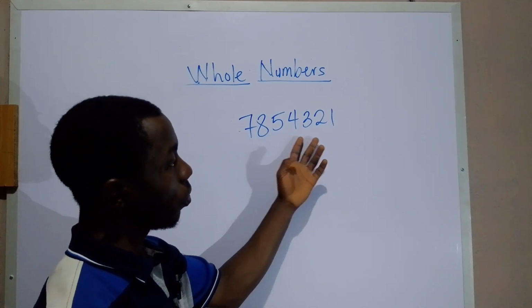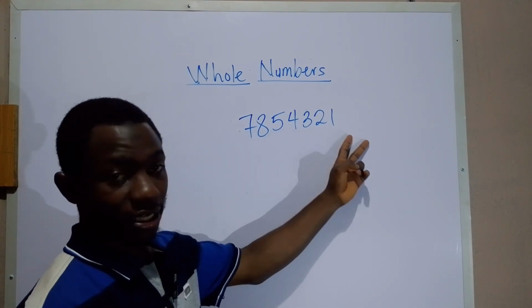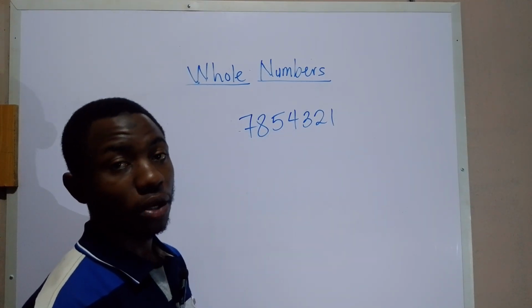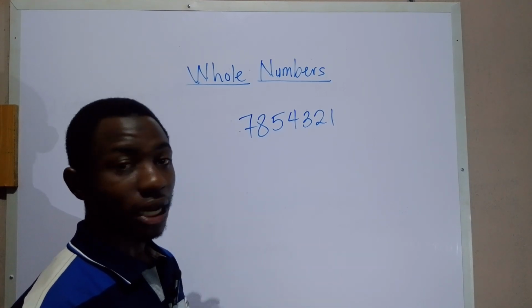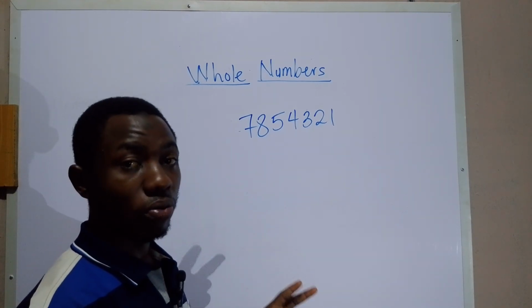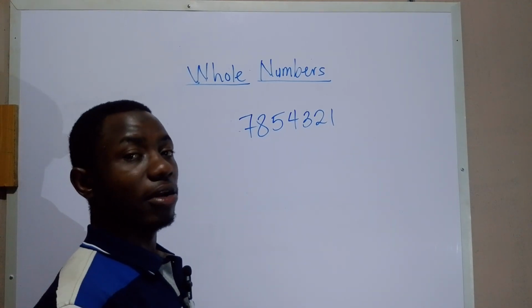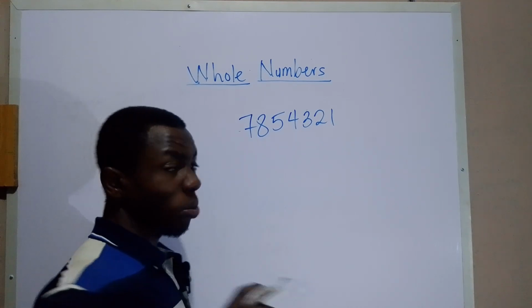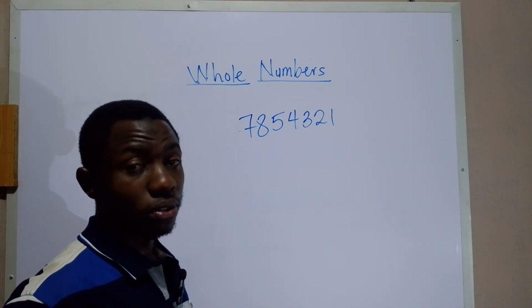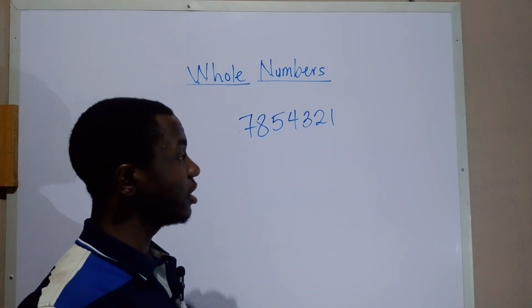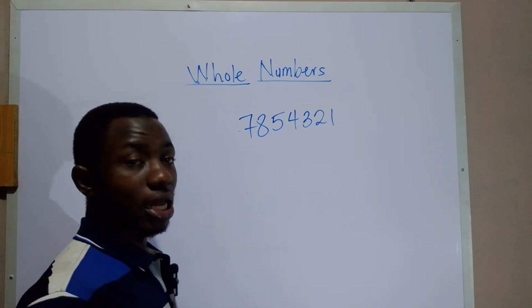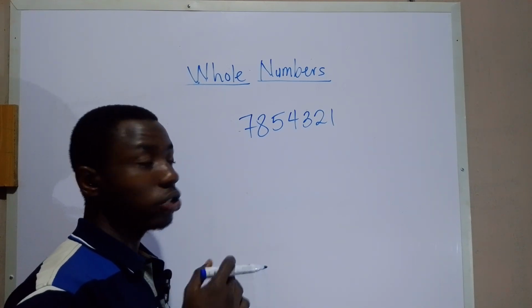So we group all the digits in this number into groups of 3 digits, and we call that group a period. And all the periods are separated with a comma. In some conventions, they make use of spaces, but for the sake of this class, I'm going to use commas all through.